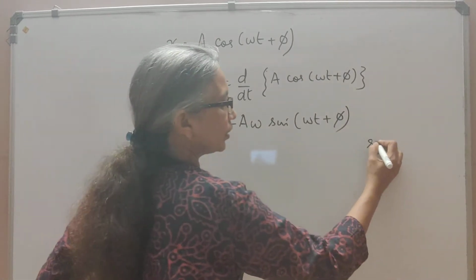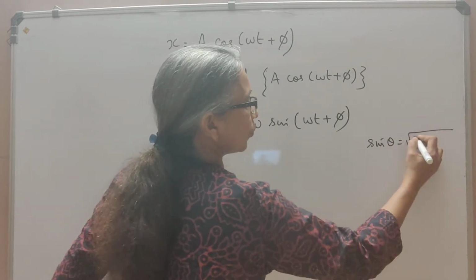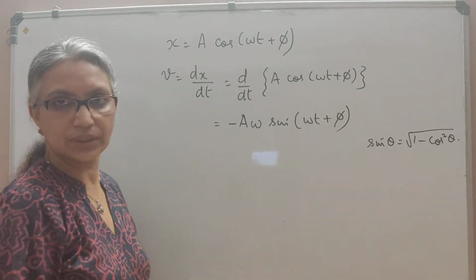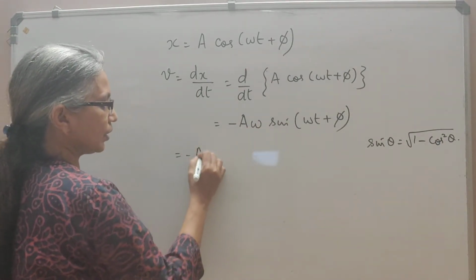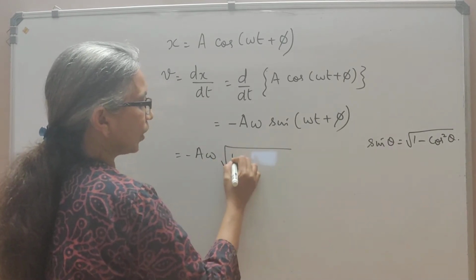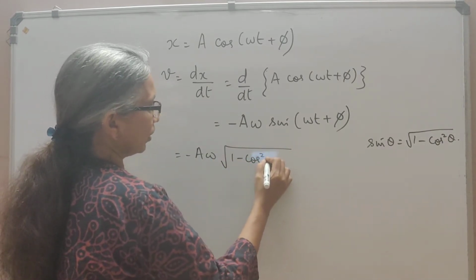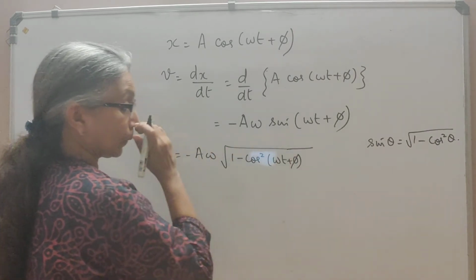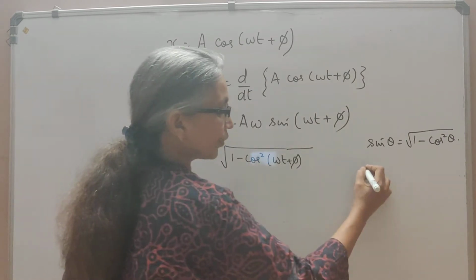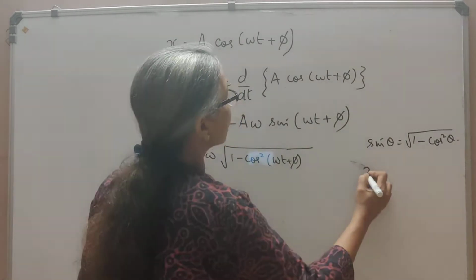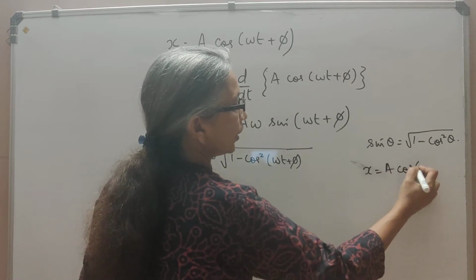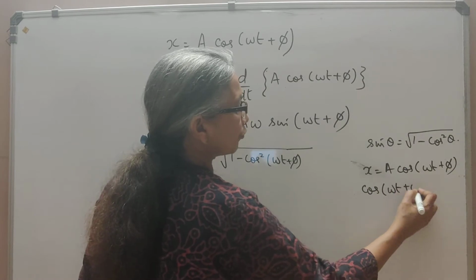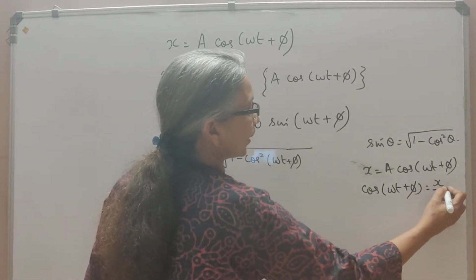You know that sine theta can be written as root of 1 minus cos square theta, because sine square theta plus cos square theta is 1. So I may write this as minus a omega root of 1 minus cos square(omega t plus phi). Now we have x equal to a cos(omega t plus phi), or cos(omega t plus phi) is equal to x by a.